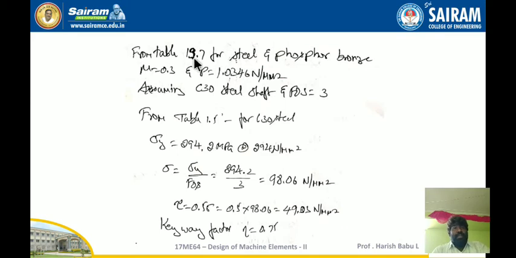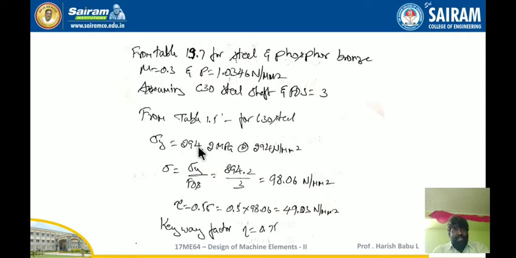So from table 19.7, for steel and phosphor bronze, mu is given as 0.3 and p is 1.0346 Newton per mm square. That I want to assume directly. So for calculating d, that is the shaft diameter, this time I am going to assume C30 steel and FOS as 3. So from the table again, 1.5 for a carbon 30% steel.